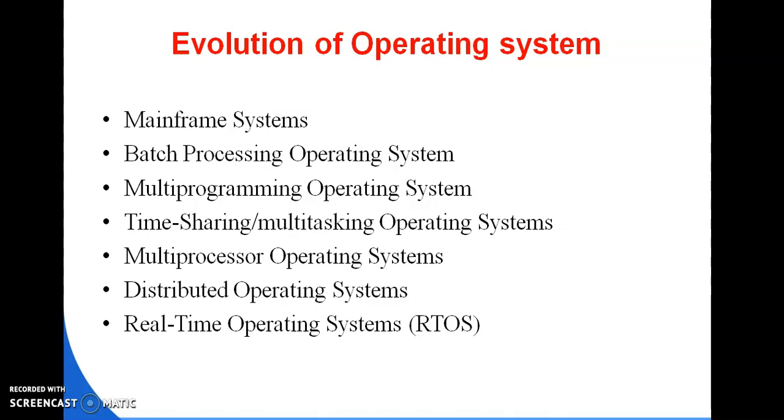During the execution, the job may have to wait for some tasks, such as for the input-output operation to complete. In a multi-programming system, the operating system simply switches to another job and executes. When that job needs to wait, the CPU is switched to another job and so on.